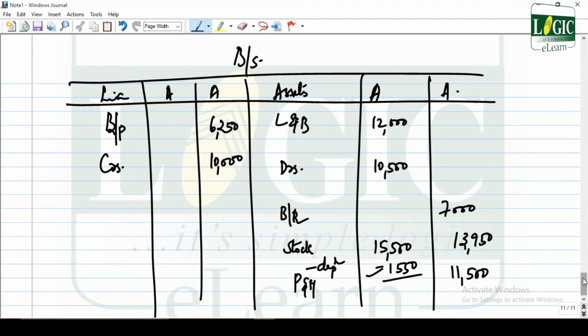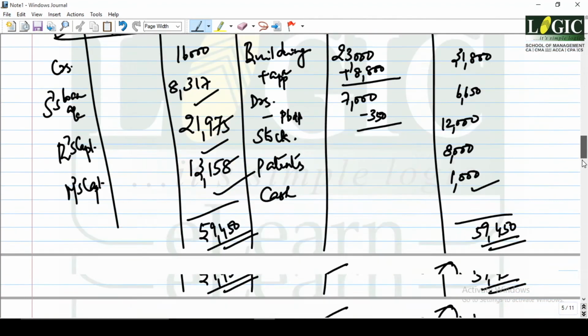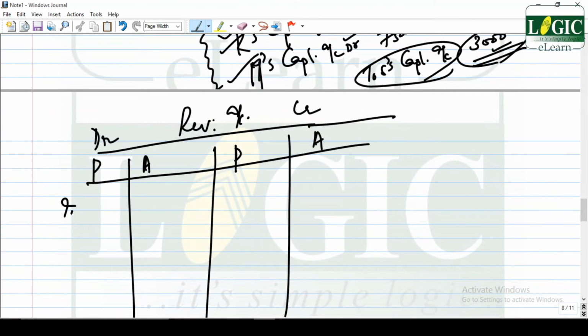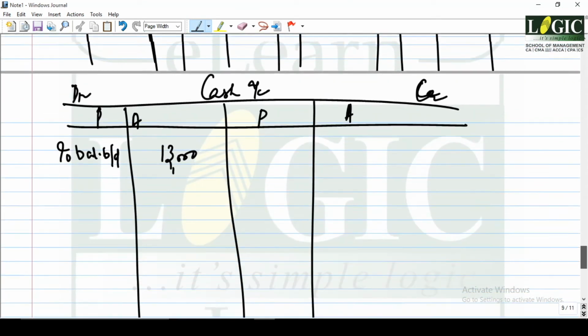Now this depreciation should come in the revaluation account, that is, to depreciation of stock, 1,550.